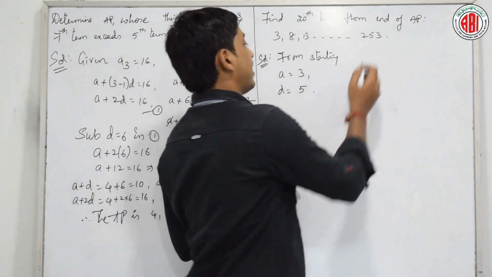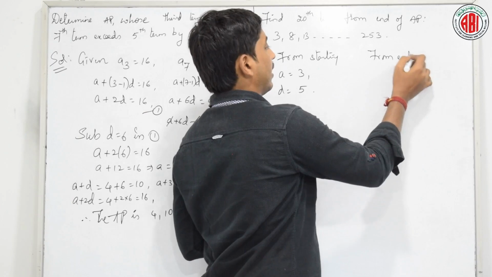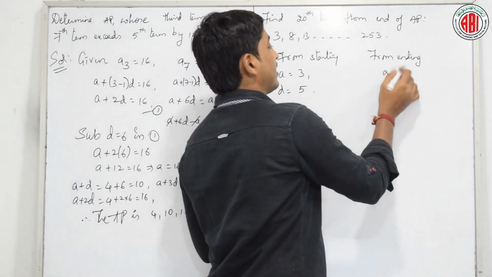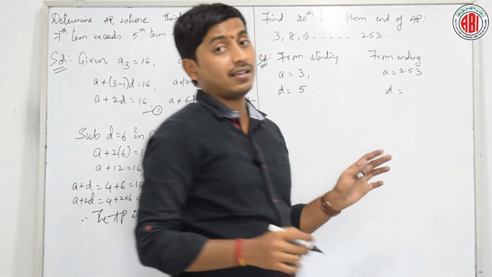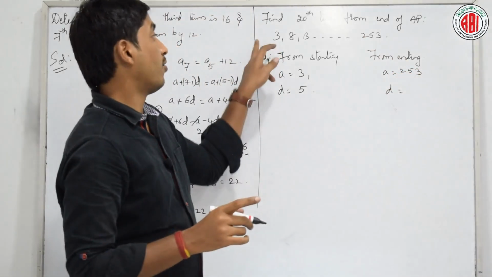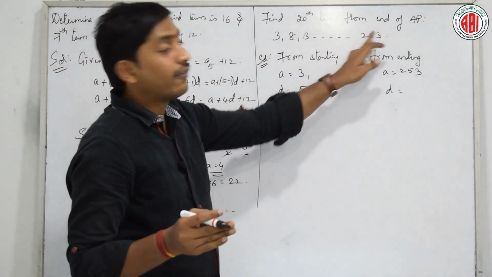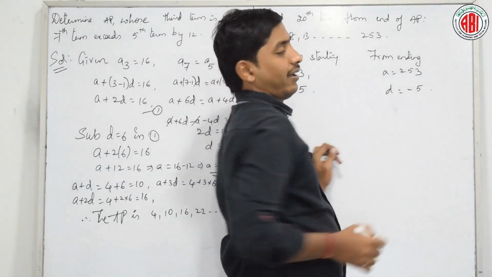Let us write the same thing from the ending. From the ending, what is the first term? 253. What is the common difference? I already told, if we are going from the first, if the common difference is adding, if I am coming from the back, the common difference will subtract.